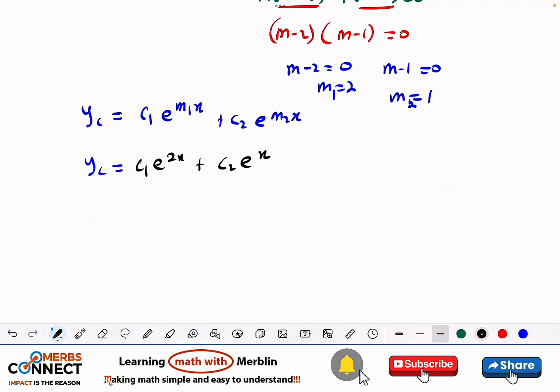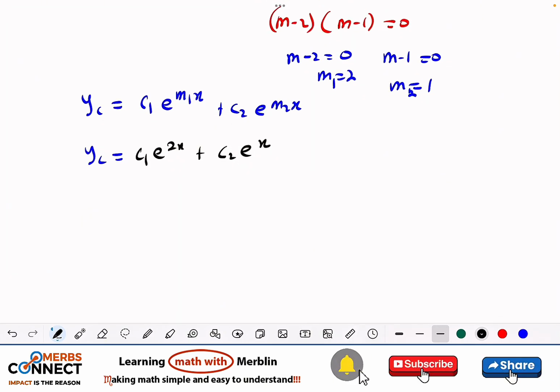As soon as I get this, I know my guess solution already, so that's one thing about using variation of parameters. My guess solution is always the same: constant u1 of x times this, plus I change the C2 to u2 of x times that. So this becomes my trial solution for this one.